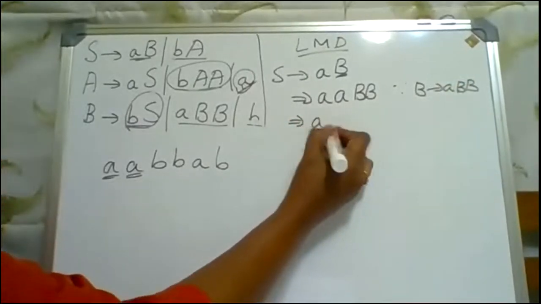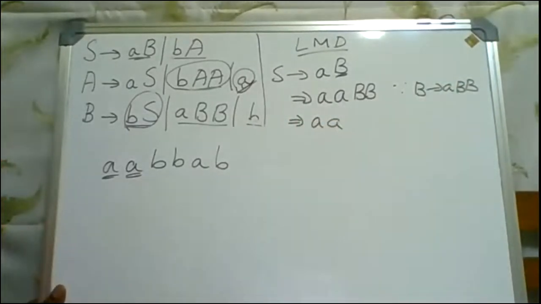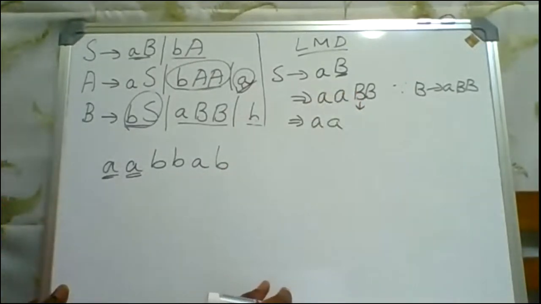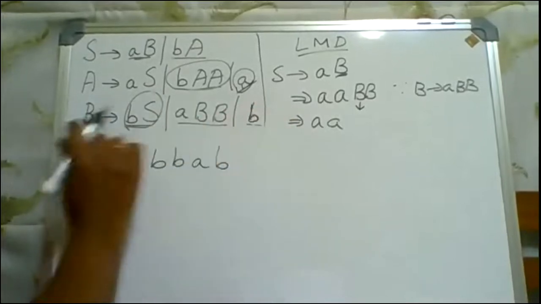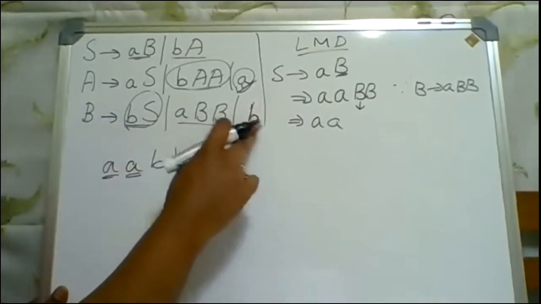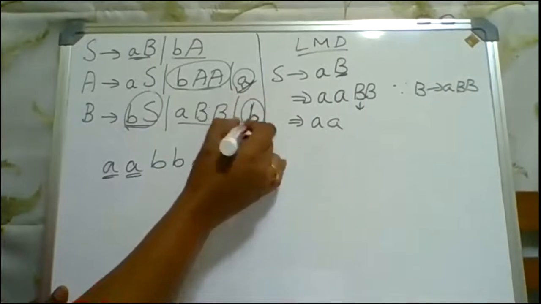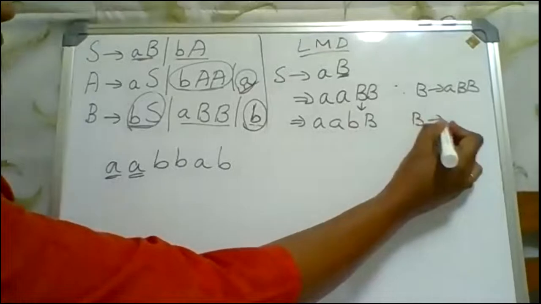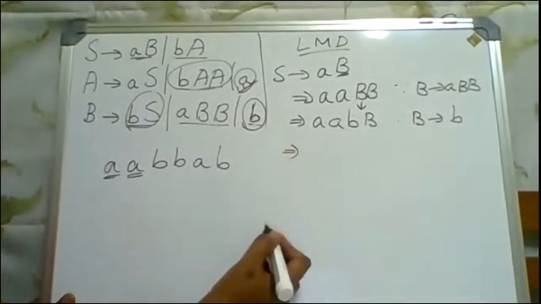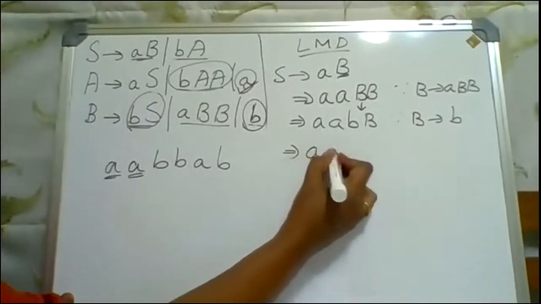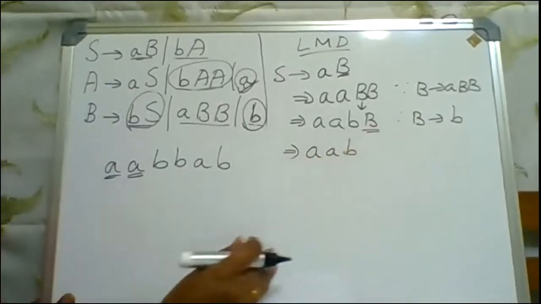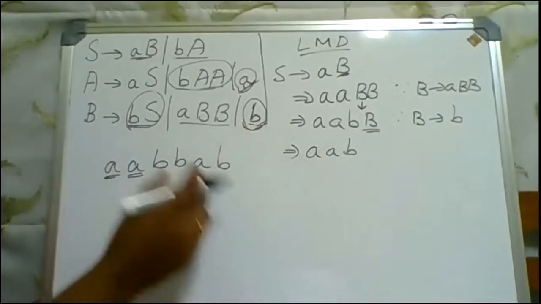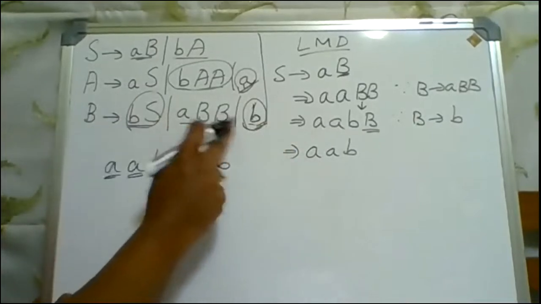In the next step, since this is leftmost derivation, we should replace this B with any of the productions. Here you have B deriving BS, ABB and B. So I'm going to replace B with B. In the next step, we need to replace this variable B, but we can't replace it again with the same production, so we need to choose either BS or ABB.